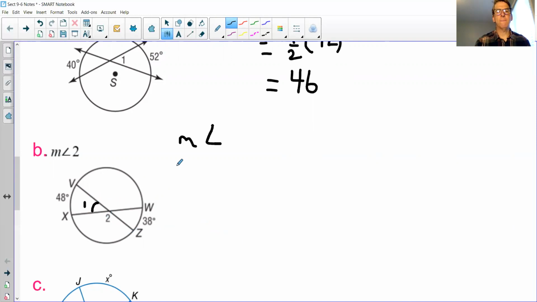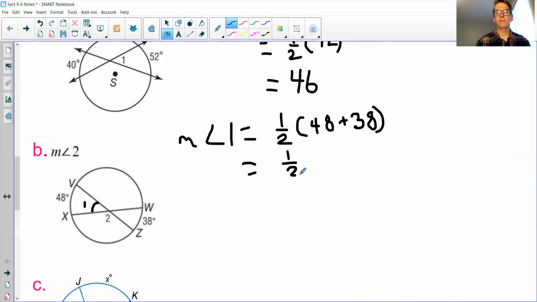Measure of angle 1 is equal to 1/2 times the sum of 48 and 38. So that is 1/2 times 86, which is equal to 43. So the measure of angle 1 is 43.